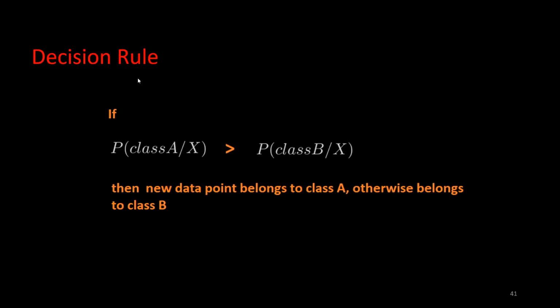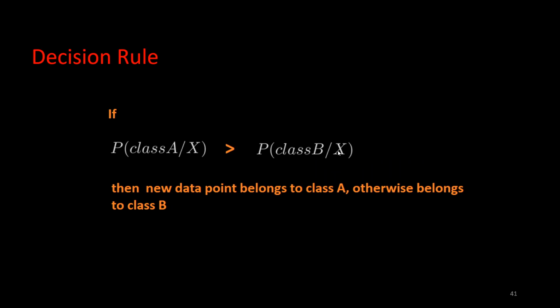So this is our decision rule. We have to find two conditional probabilities here. Why two? Because we have two classes. We can read this as the probability of class A given X and the probability of class B given X. Given a data point of feature X, what is the probability that it belongs to class A?